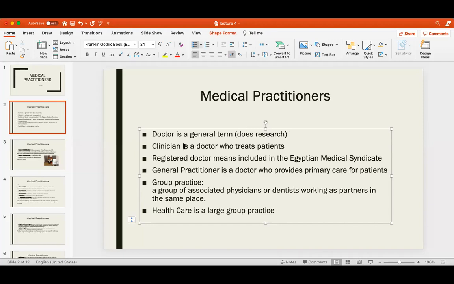However, a clinician is a doctor who treats patients. So, clinician is a specific word. Doctor is a general term. And as we said, a registered doctor means included in the Egyptian Medical Syndicate.